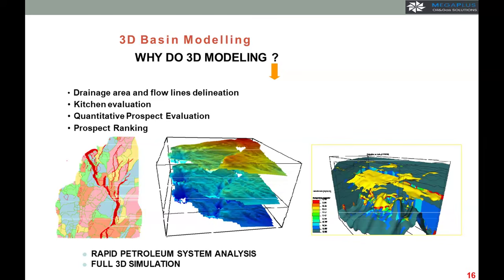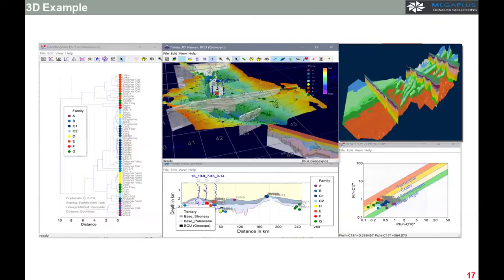These capabilities make 3D modeling invaluable in frontier exploration and complex geological settings. Of course, it is important in the exploration phase, but if you have a lot of data covering your area, it's very good for you to decrease your uncertainty.